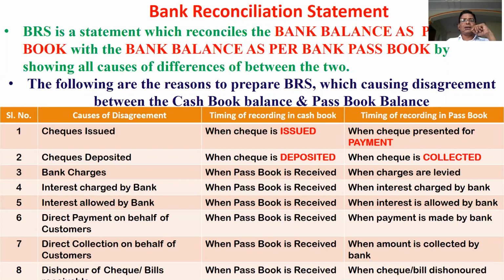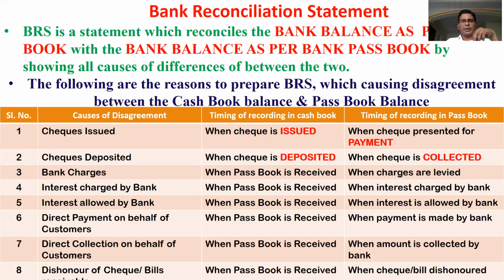That's why we compare the cash book, bank column with the passbook. Simply, we are comparing the bank account of the businessman in his books with the passbook, which is the true copy or Xerox copy of the bank account according to the bankers.